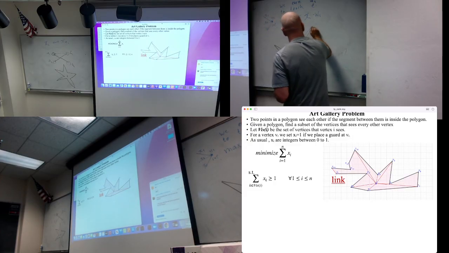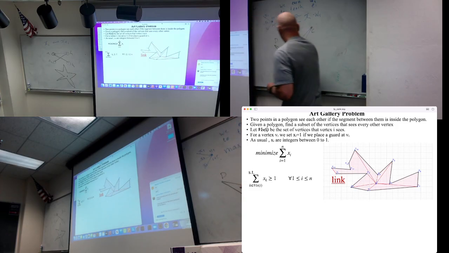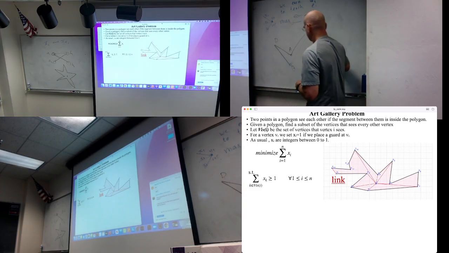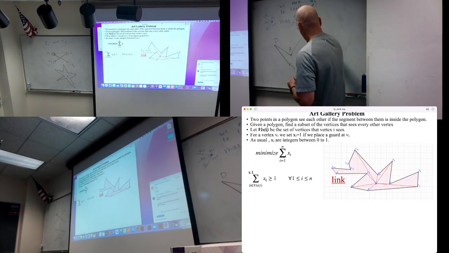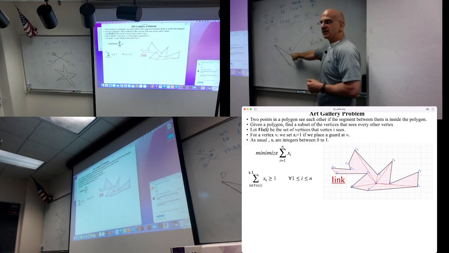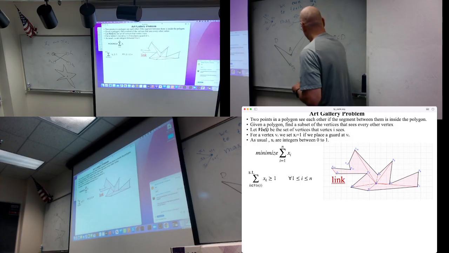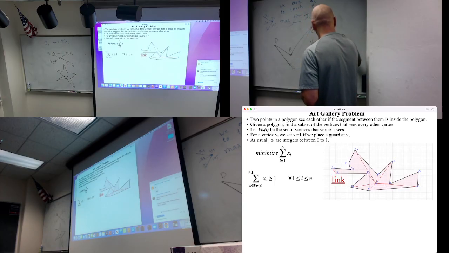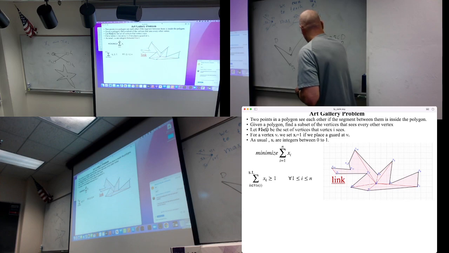Yeah, well, that's a good example. Here is my polygon, ABCD, and the visibility of A is ABCD. Everybody sees A. Visibility of B is the same thing, ABCD.